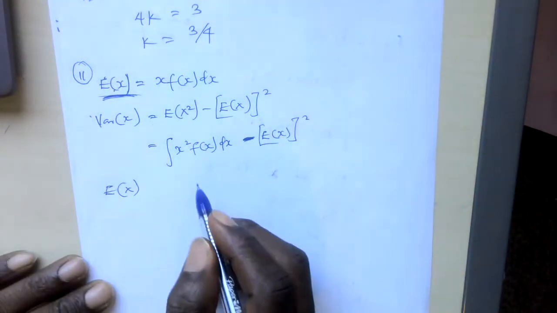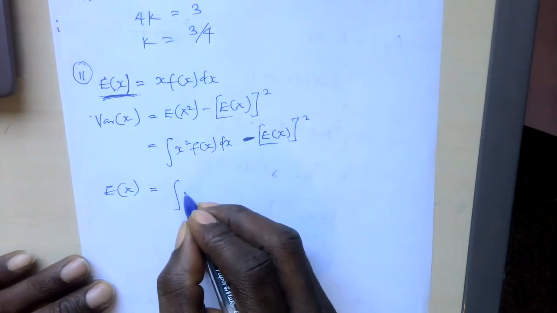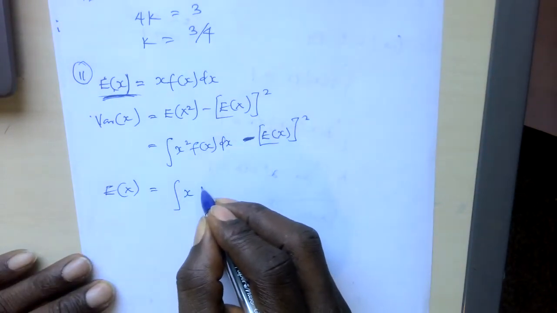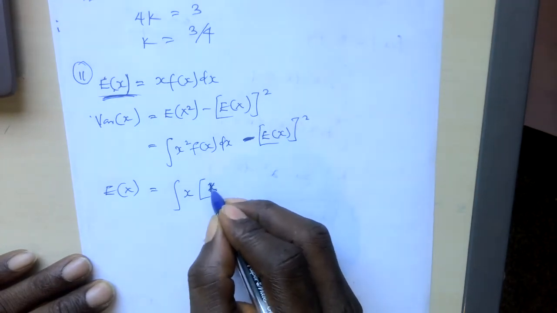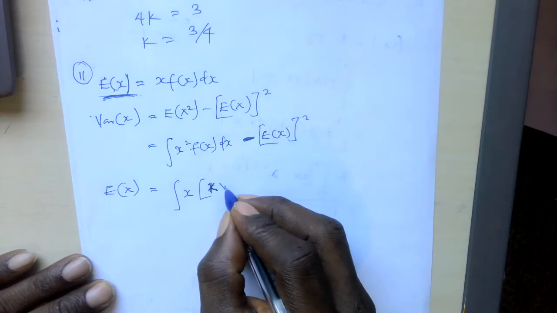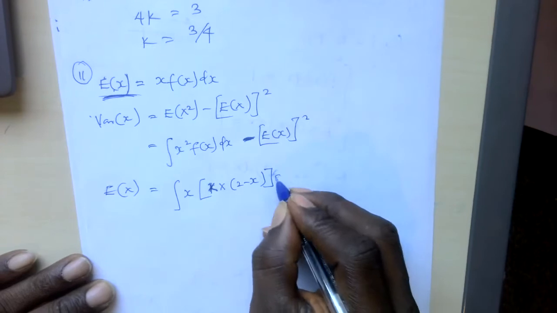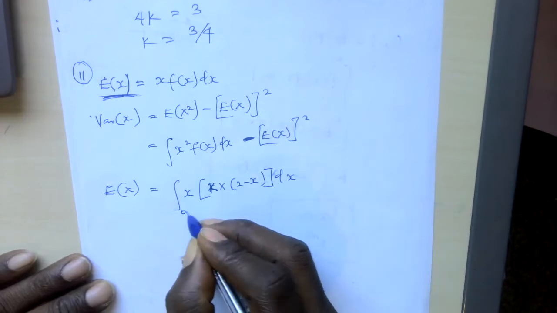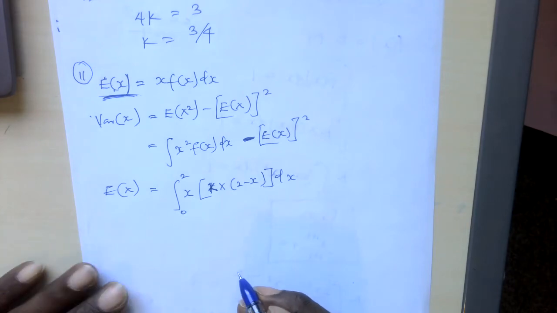We know it is the integral of x f of x. f of x here is k x (2 minus x) dx, from 0 to 2, right?